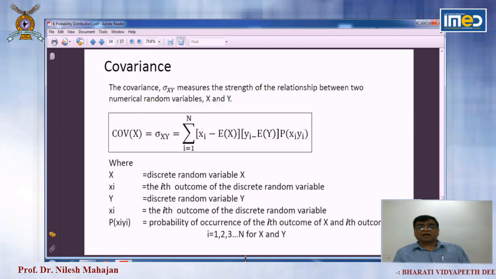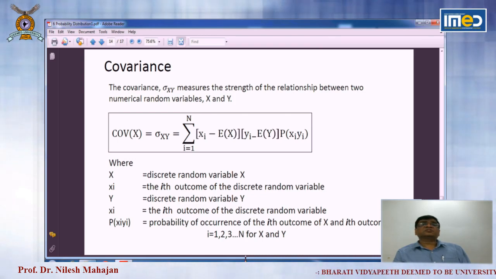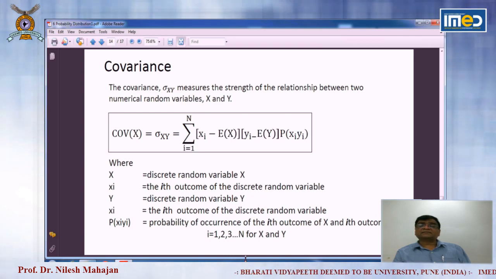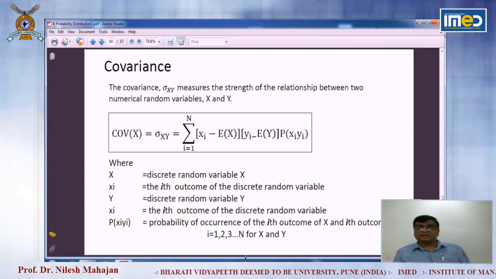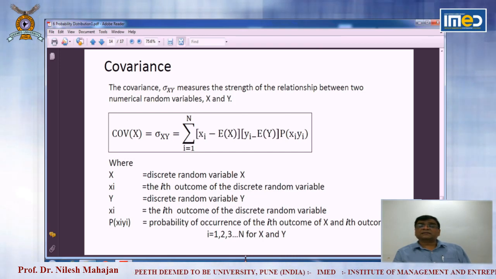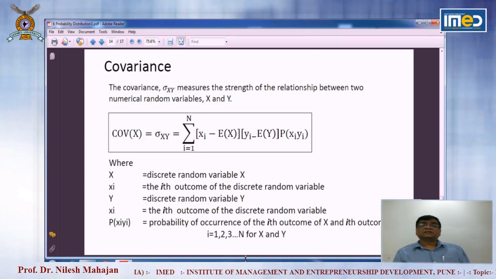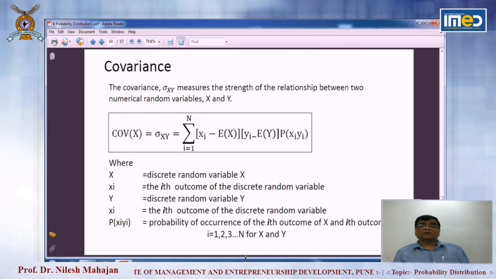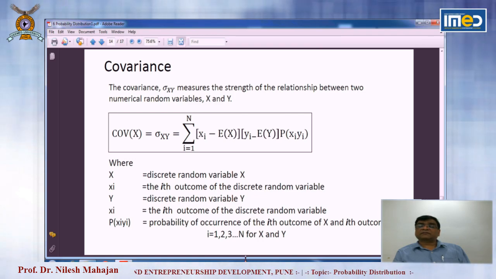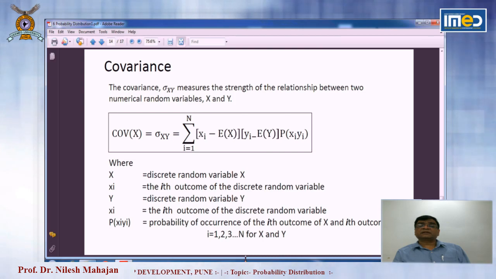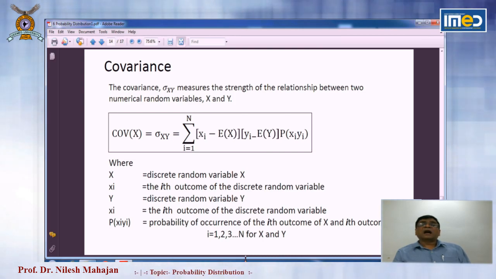So the covariance of x and y, also represented as sigma xy, equals the summation of i varying from 1 to n of (xi minus E(x)) into (yi minus E(y)) into P(xi yi), where capital X represents the discrete random variable x, xi equals the ith outcome of the discrete random variable x, y is the discrete random variable y, and P(xi yi) equals the probability of occurrence of the ith outcome of x and the ith outcome of y. Here i varies from 1 to a finite n.